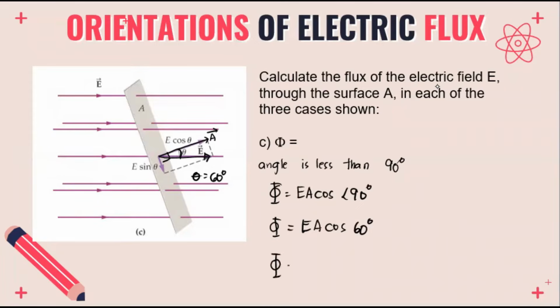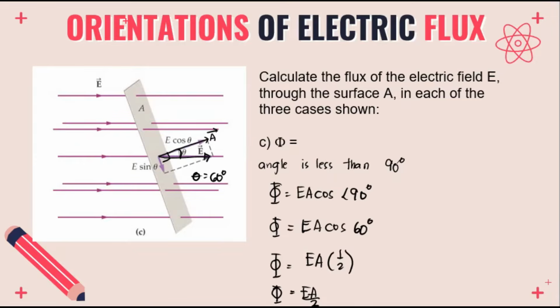So our value would be EA times 1/2. So, kapag 60 yung angle niya, EA over 2. Ganun po pag ganito yung orientation.